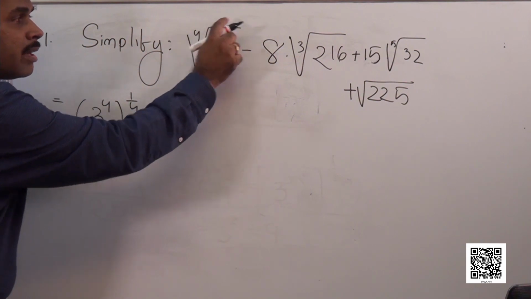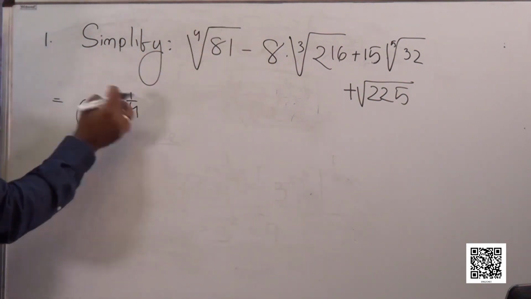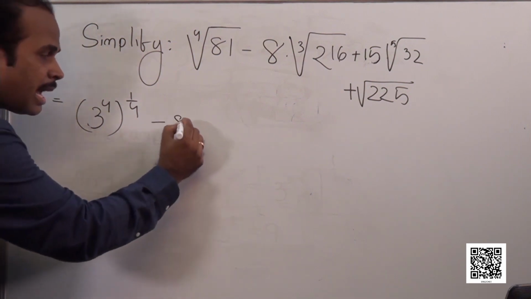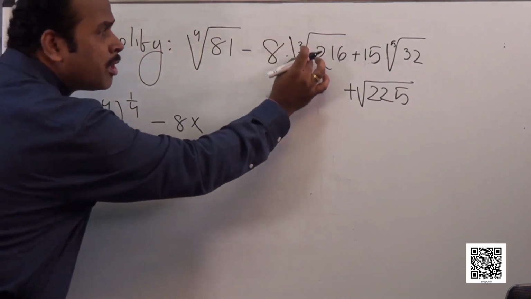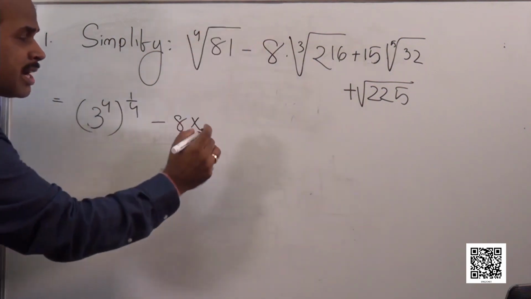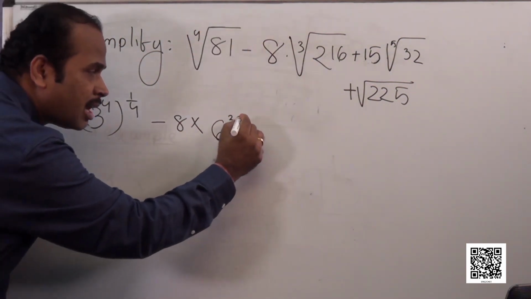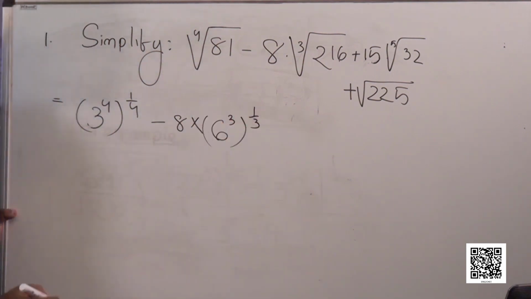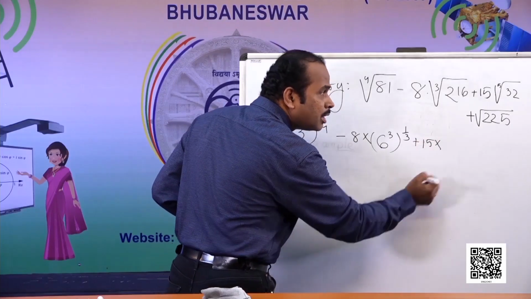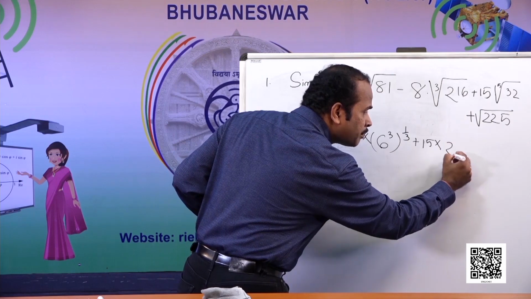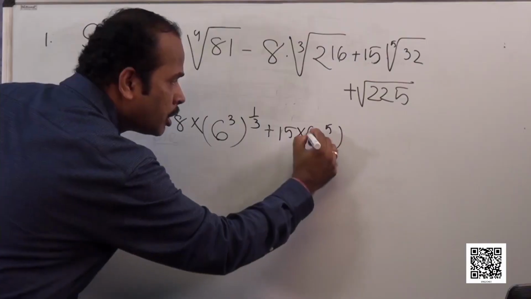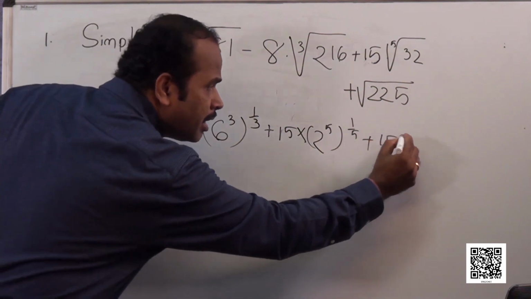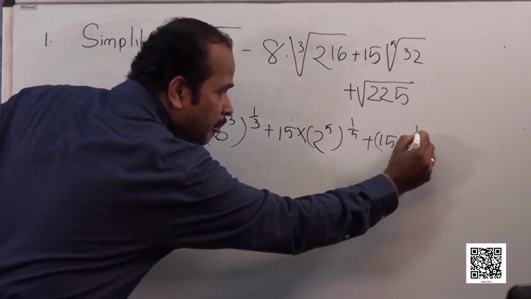Minus 8 into cube root of 216: 216 I have converted as 6 to the power 3, and the cube root is converted as power 1 by 3. 15 into 32, I will write as 2 to the power 5 whole to the power 1 by 5, plus 15 to the power 2 whole to the power 1 by 2.